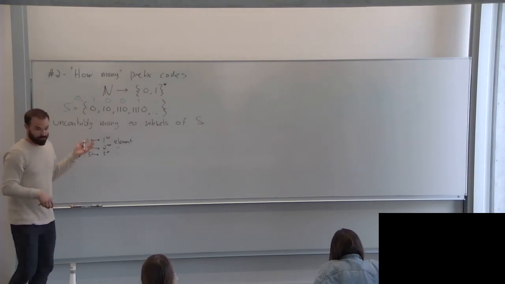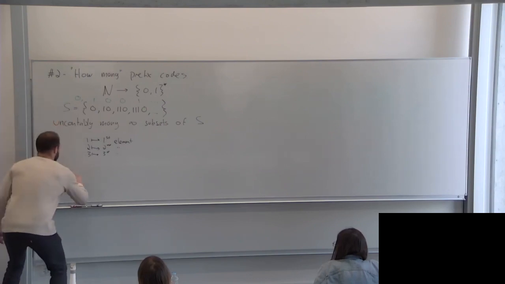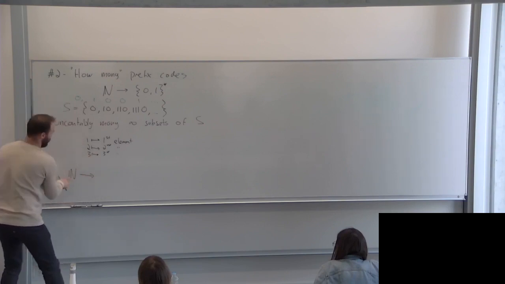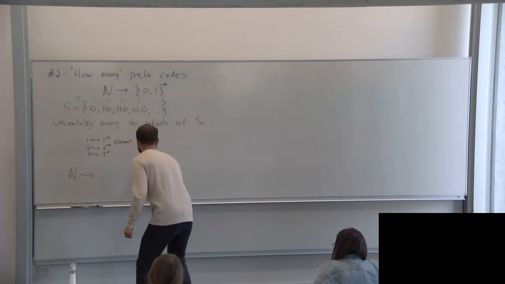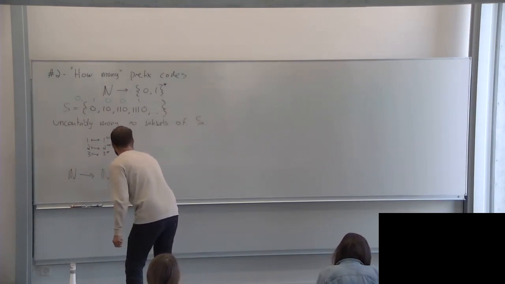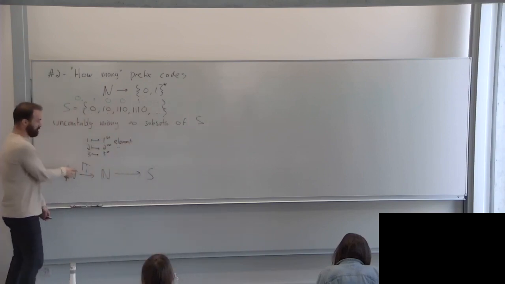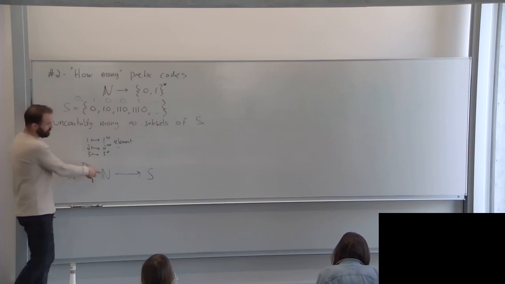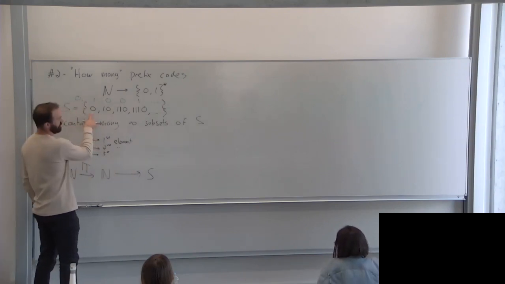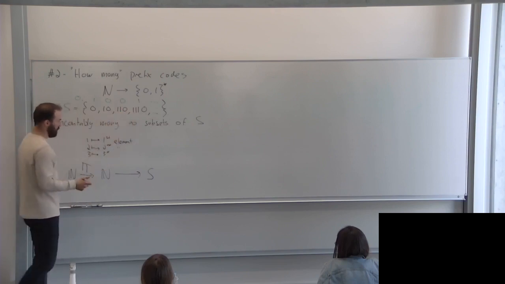There was another solution, in fact cleaner than using my hint. It was to realize that, yes, what I want to do is encode n into ultimately S, but I could do a detour like this by encoding first an arbitrary permutation of n, and then using this canonical encoding in which I encode 1 to that code word, 2 to that code word, 3 to that code word, and 4 to that code word.